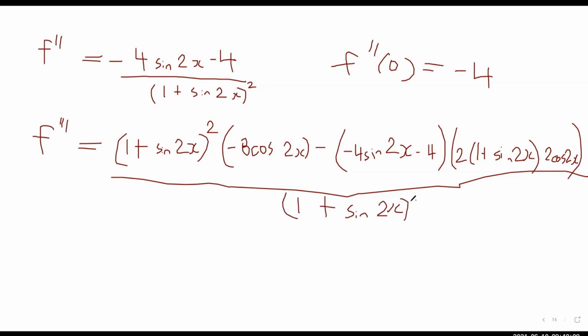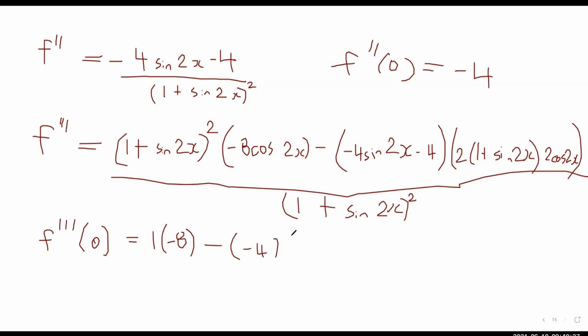All right, so now f triple prime of 0: we substitute 0 into the entire expression. Plug in 0 right here, so you get 1. Plug 0 here, so you get minus 8. Minus, you plug 0 in here, so you get 0 minus 4.